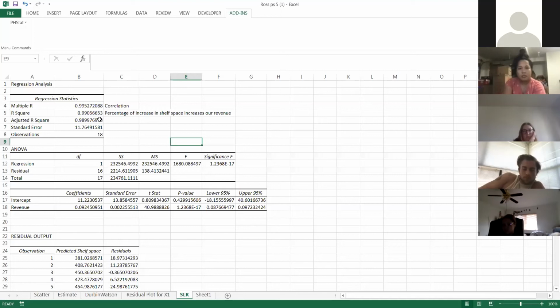We'll get to adjusted R-square later. Our standard error tells us, once we forecast how much money we'll make per square foot, how much our predictions will be off by.